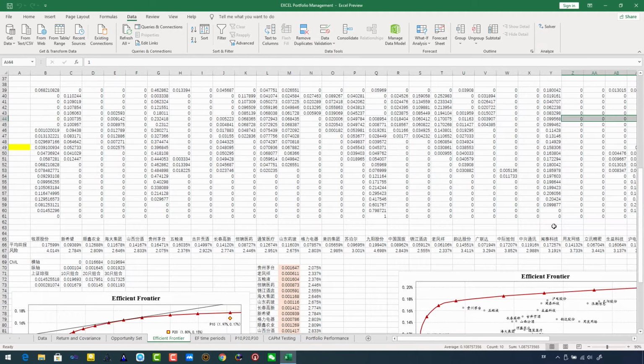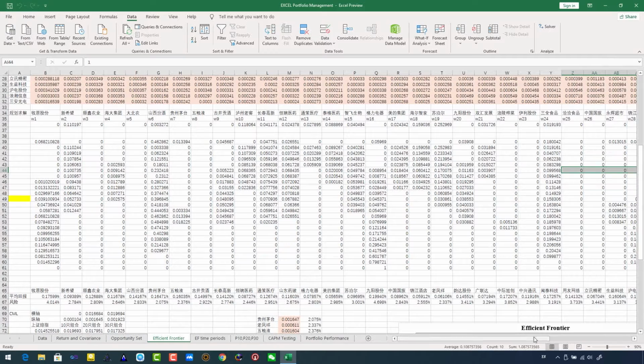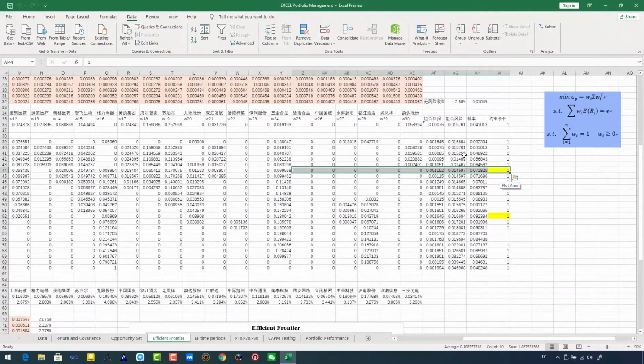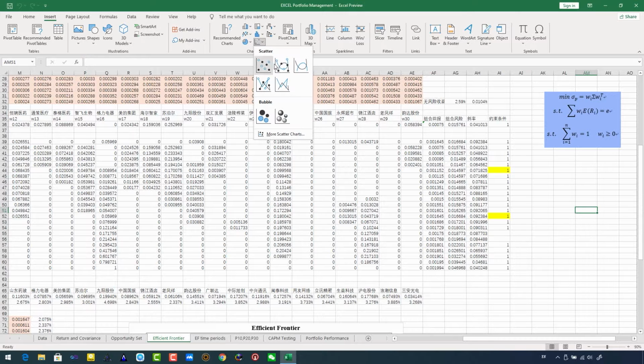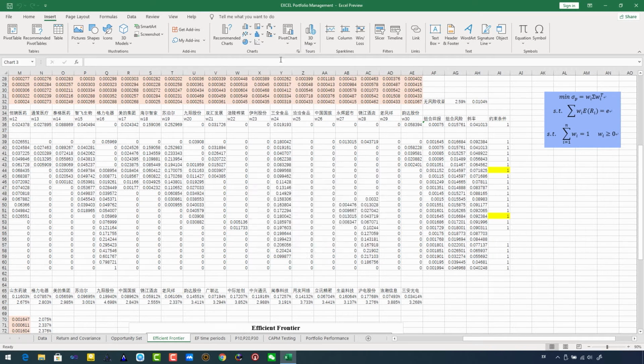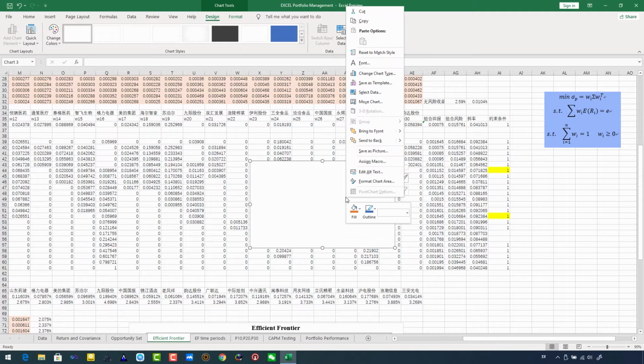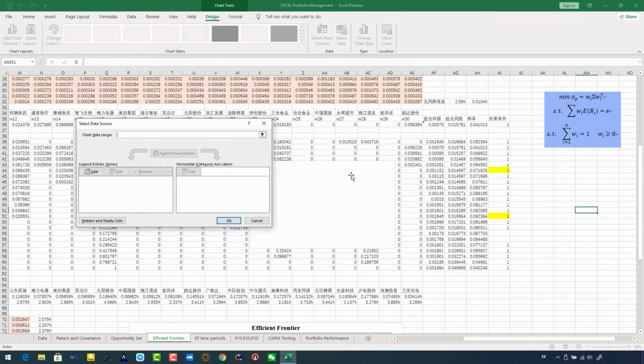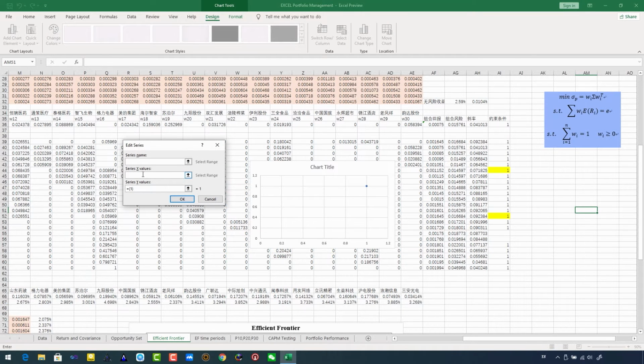After you do that, you can draw this graph. To draw the graph, you insert, and here we select the scatter with smooth lines, and then you select your data. For the x-axis, remember, it is our portfolio risk.